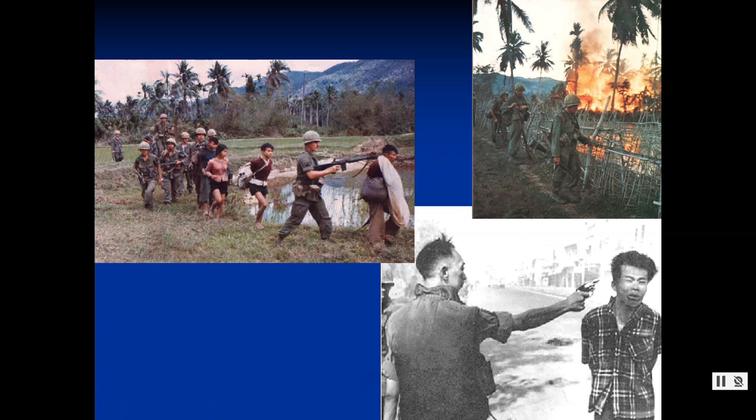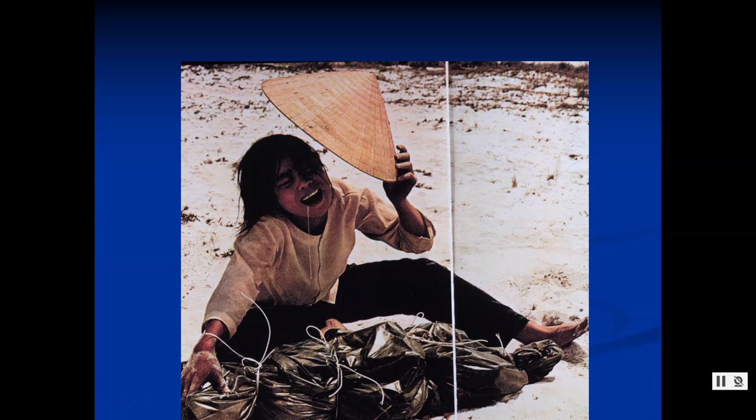So it was very, very complicated. All of these photographs and videos and opinions of American journalists, coupled with the simple fact that young Americans were dying on foreign soil against an enemy that did not threaten the United States, turned much of the American public against this war.